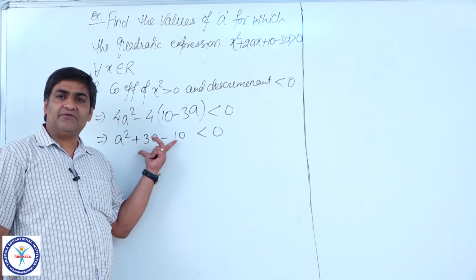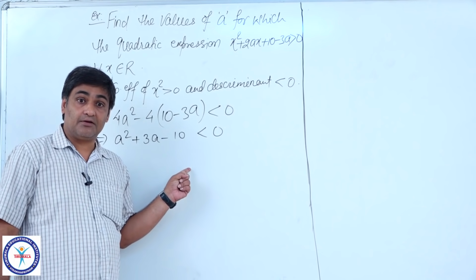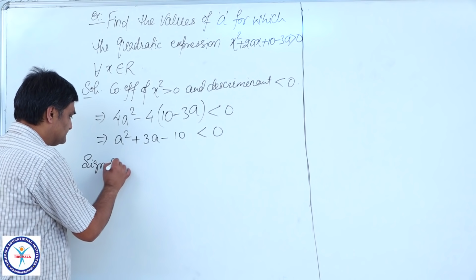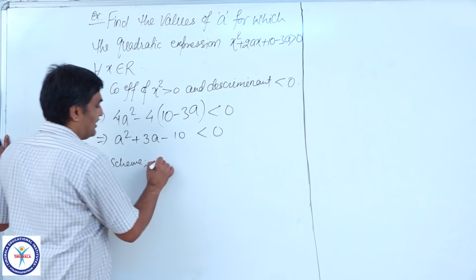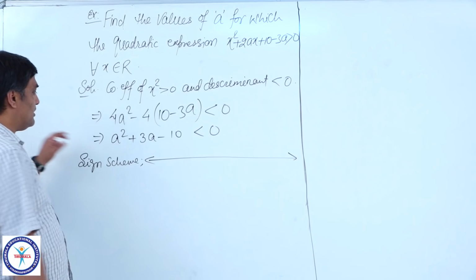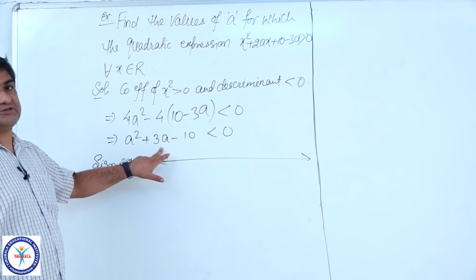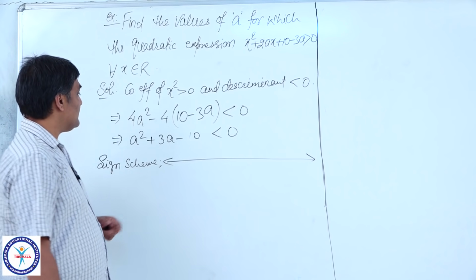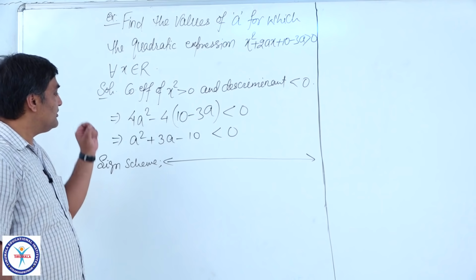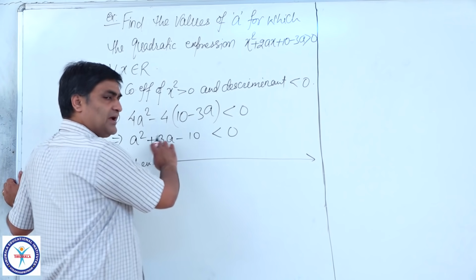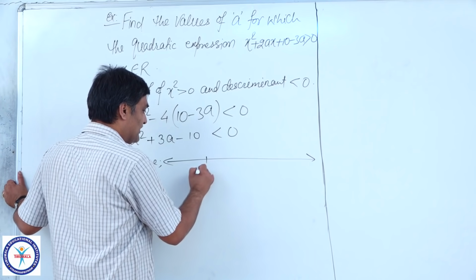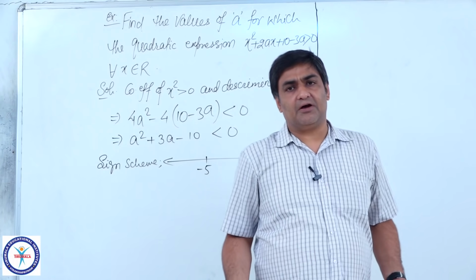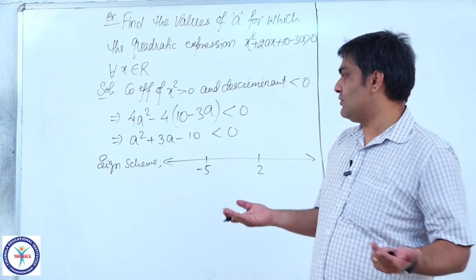Now we observe it is a quadratic in a. Okay, so we can write this sign scheme. What are the roots of a square plus 3a minus 10? It is minus 5 and 2. You can calculate the roots, minus 5 and 2. Now we can apply the wavy curve method or sign scheme for quadratics also.